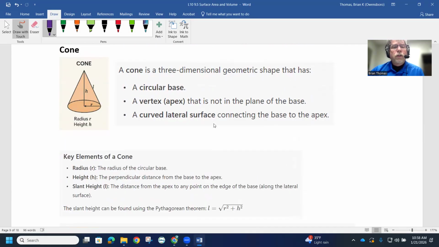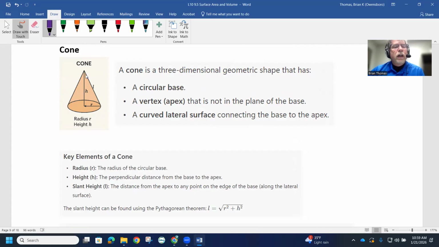So a cone is a lot more complicated. Notice how we have the circular base. Notice how the radius goes from the center of the base out to the edge of the circle.